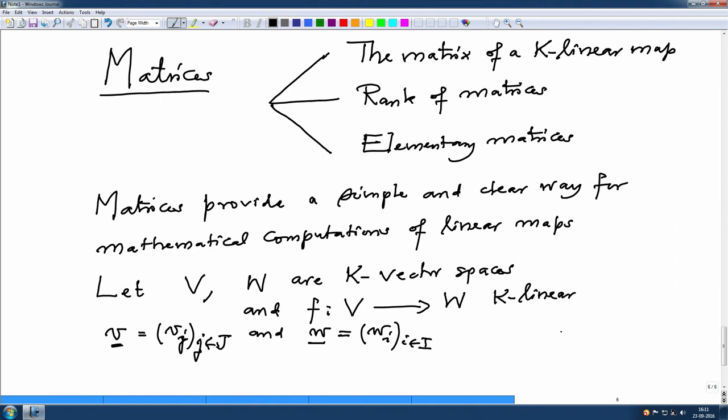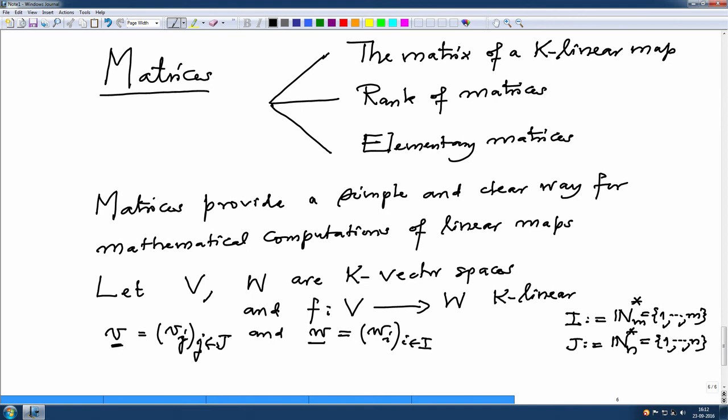Eventually, we will settle down to where I equals 1 to m, remember this is the notation for the set from 1 to m, and J is 1 to n. This is what we will do eventually, but instead of writing this, I will keep writing I and J.